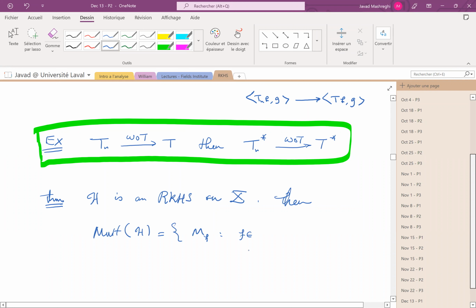That's not a good notation, and this is precisely the thing I wanted to say.